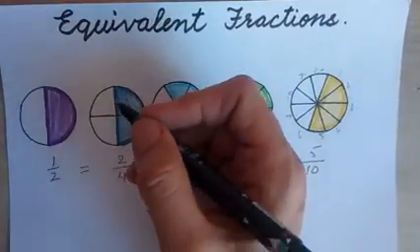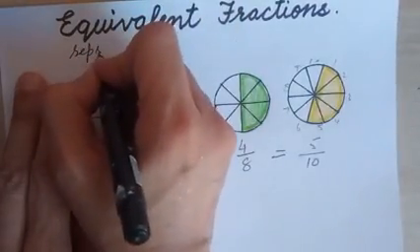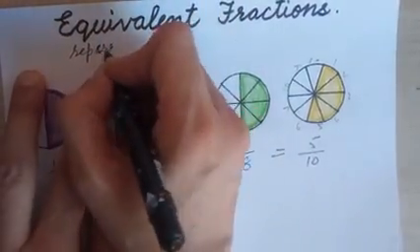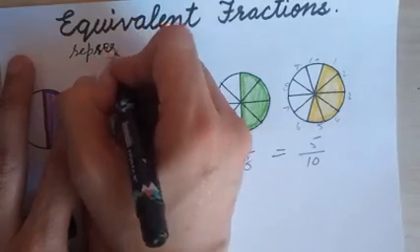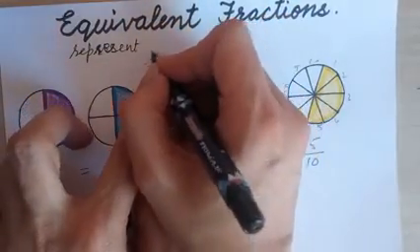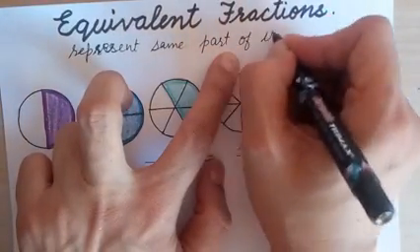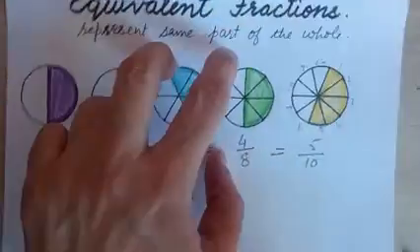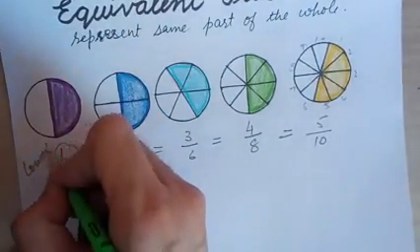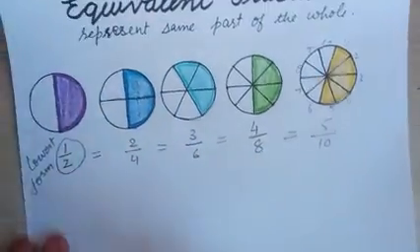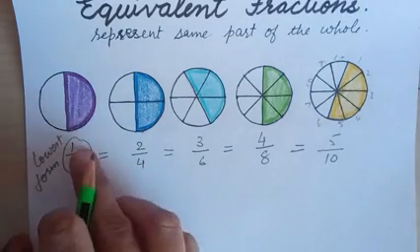Equivalent fractions represent the same part of the whole, and this half is the lowest form. It has no common factor, numerator and denominator have no common factor other than 1.